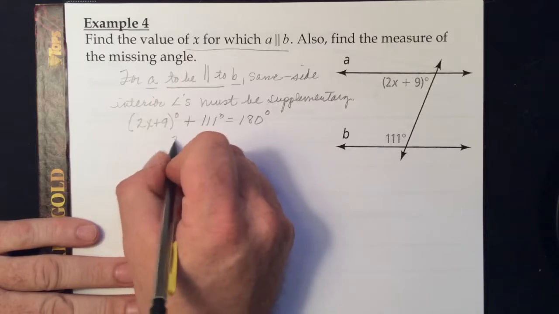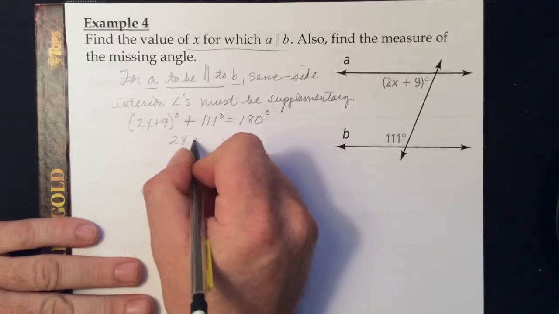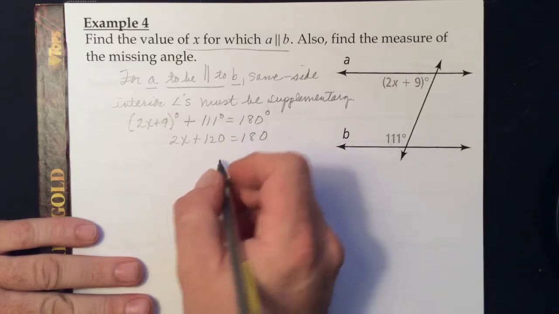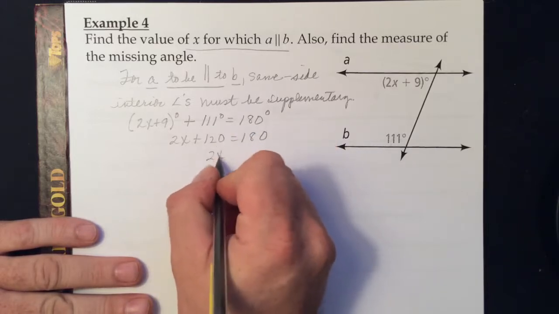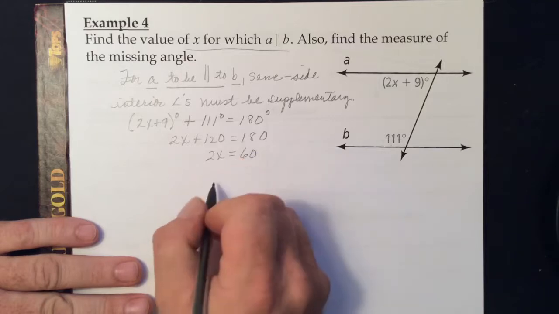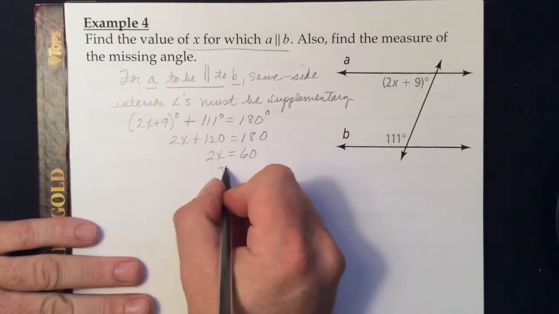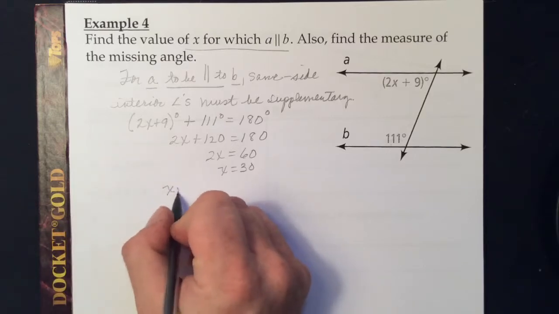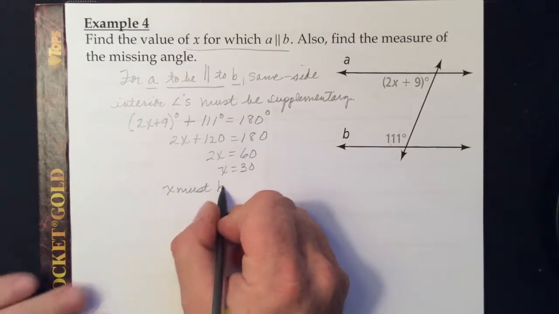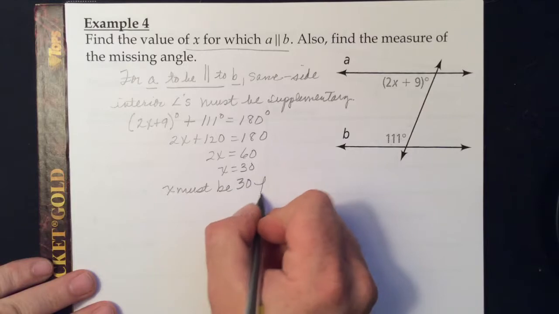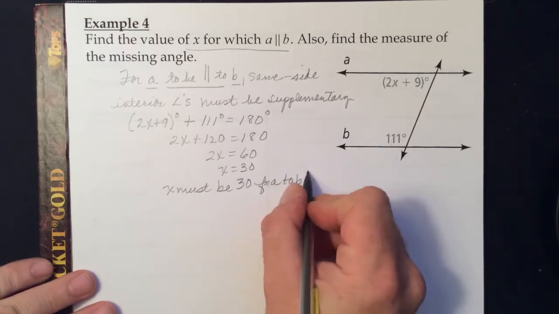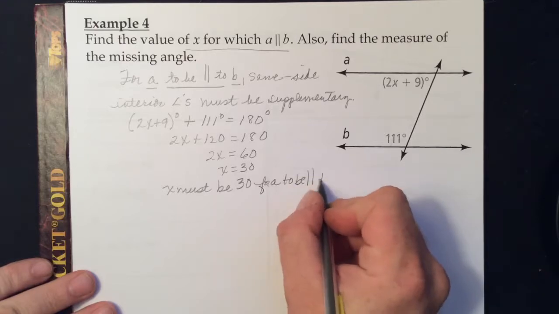So we have 2x plus 9 plus 111 is 2x plus 120. Subtract 120 from both sides, and 2x equals 60. Divide both sides by 2, and x is 30. And so I'm going to write x must be 30 for A to be parallel to B.